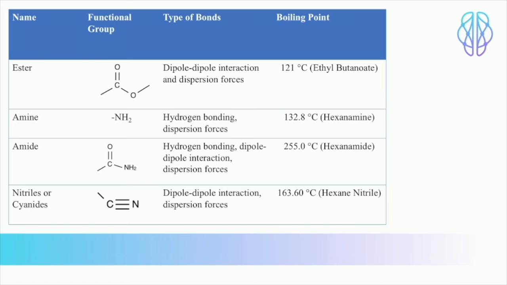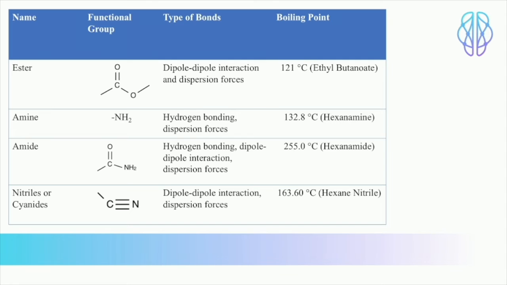Amines and amides I like to group together. So basically, as you know, an amide is an amine with the C double bond O bond. It's a bit of a mouthful to say, but thus an amide will be able to make hydrogen bonds and dipole-dipole interactions, whereas an amine will only be able to form just the hydrogen bonds.